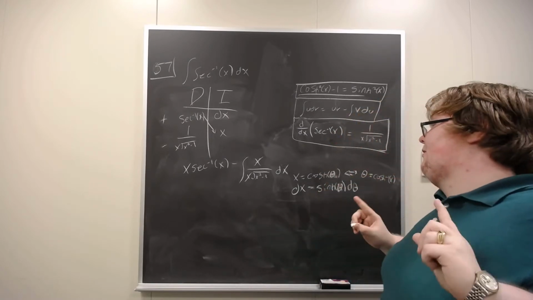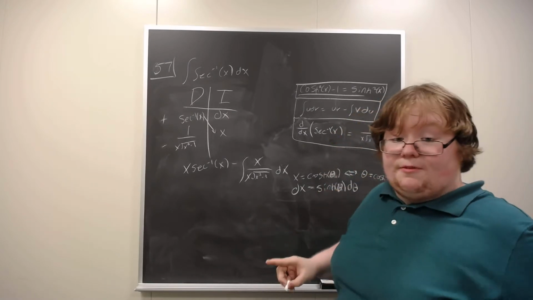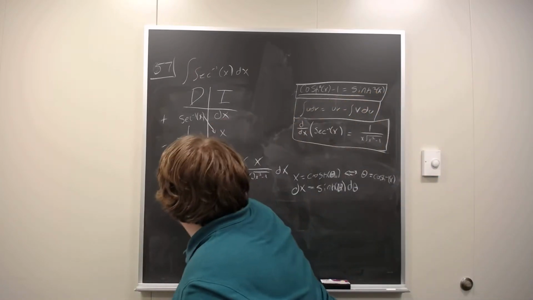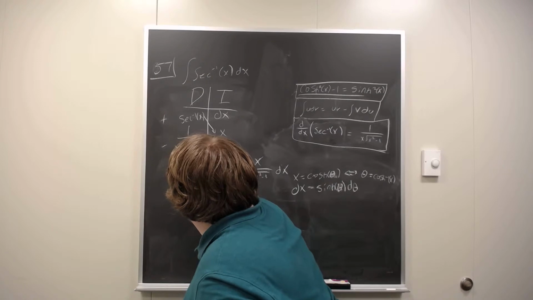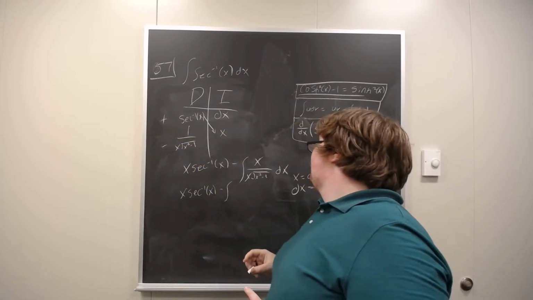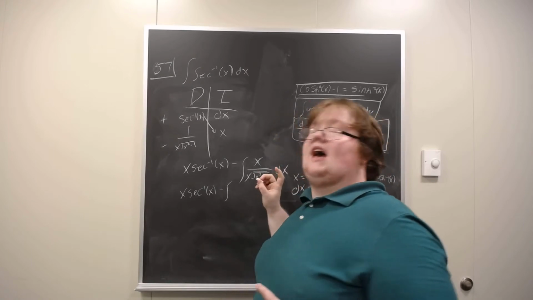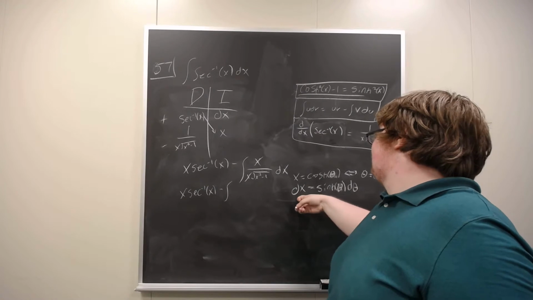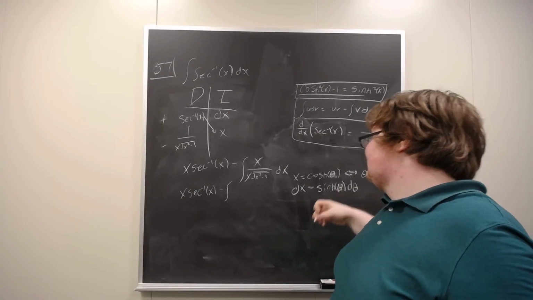Lovely. Now we're at this point. Now we can start substituting in values into this integral. So we still have our value of x arcsec x minus our integral. So on top we have 1, but we have that term from our dx being equal to sinh theta d theta.